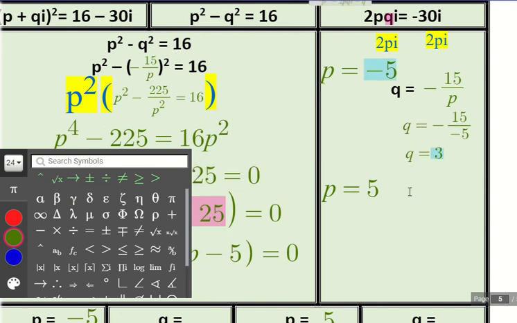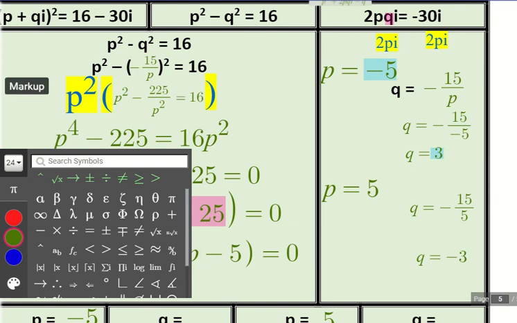Now, when p equals 5, we've still got the equation q equals negative 15 divided by p. But in this case, p is positive 5. So q equals, there's only one negative, so this does remain negative, and negative 15 divided by 5 is negative 3.